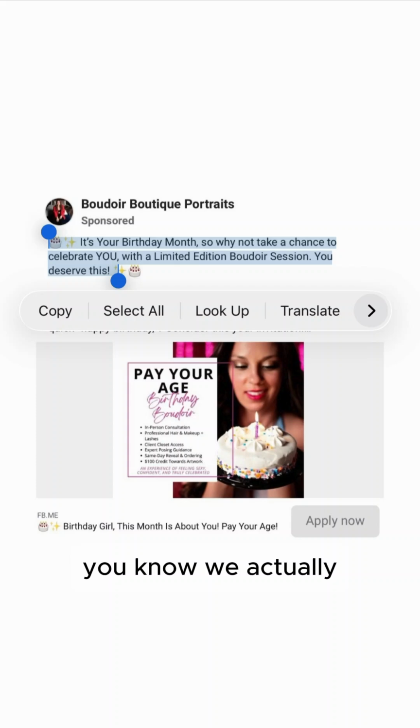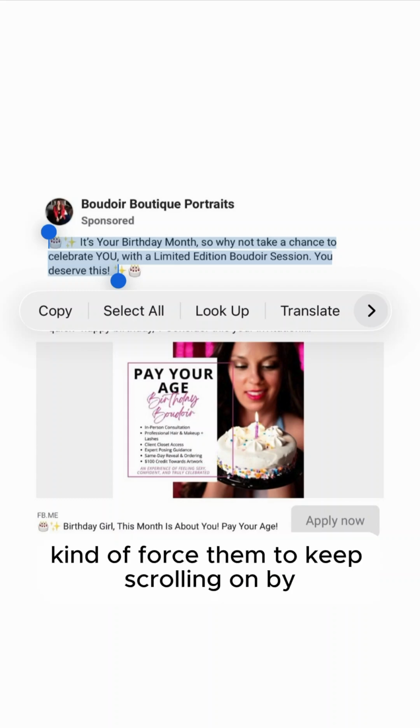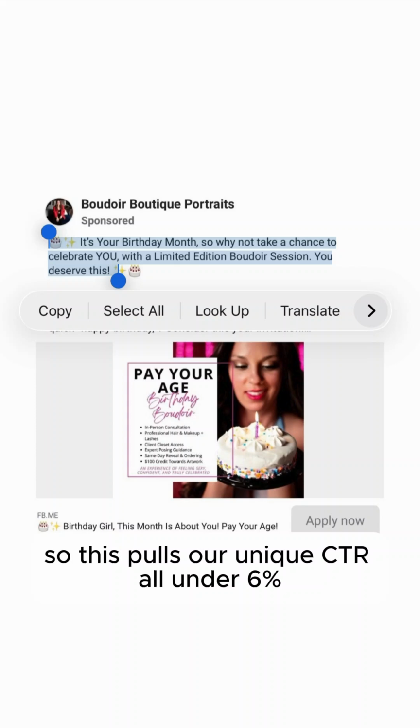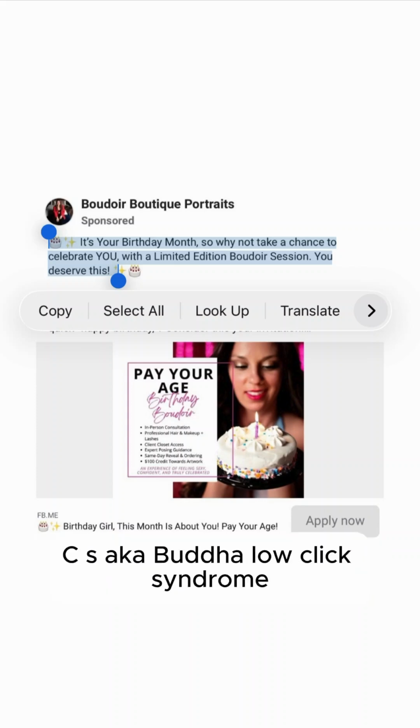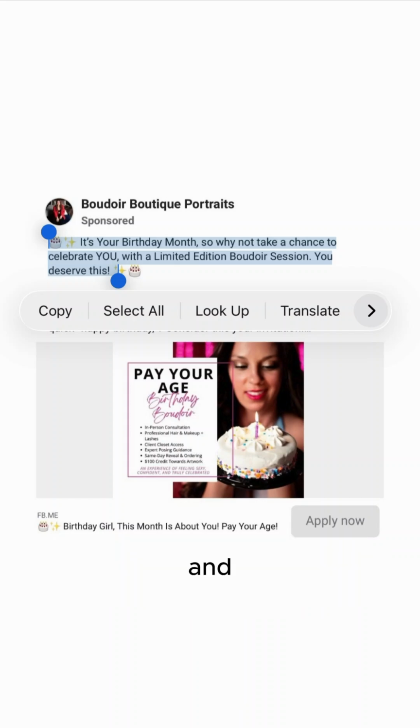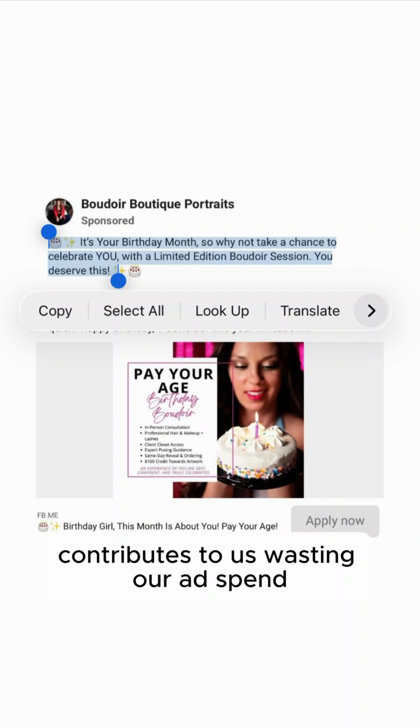The way we set it up forces them to keep scrolling on by. So this pulls our unique CTR under 6%, contributes to BLCS, aka Boudoir low click syndrome, and contributes to us wasting our ad spend.